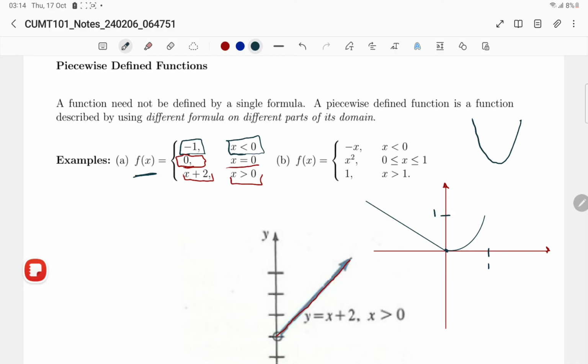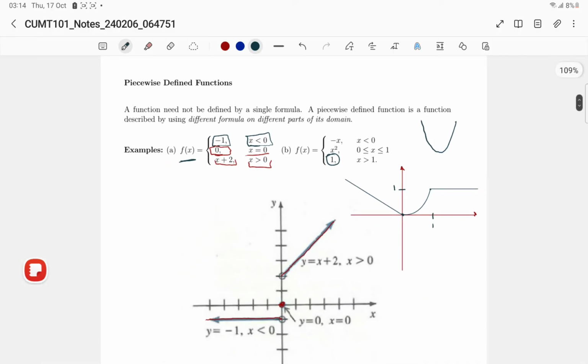For x equals 1, we should have this graph being equal to 1. So the graph will be just like this. So there should be a corner there. Yeah, so that's how it looks. So that's a piecewise defined function.